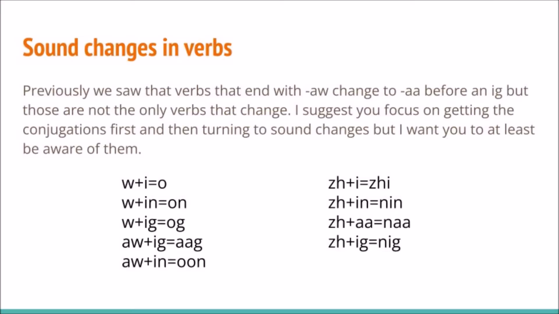So sound changes that will arise are really interesting and I definitely encourage people, once they feel comfortable, to start looking into them. It is the interaction of the last sound in the verb and the theme sign, or the first sound in the conjugation. And so in our previous videos, we talked about AW plus IG equals AAG, and we hear that sound change as we're saying it. These are some of the sound changes that you will see in these conjugations.